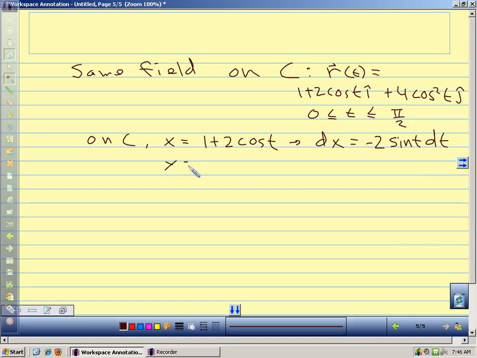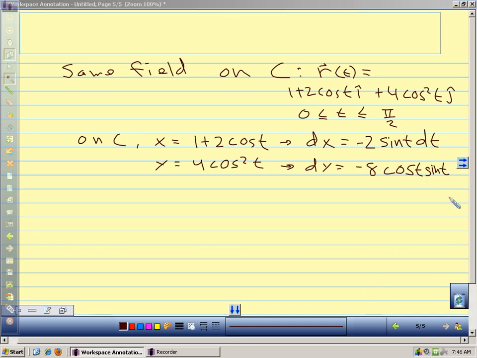And y equals 4 cosine squared t. So dy is negative 8 cosine t sine t dt.